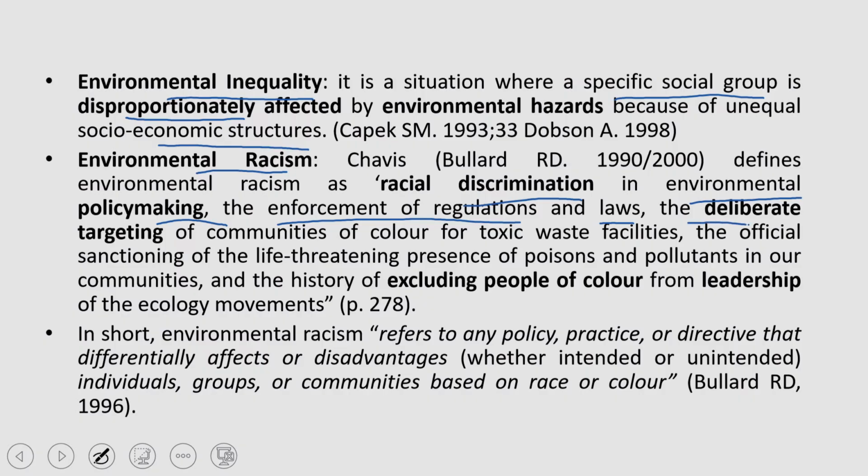Second, the deliberate targeting of communities of color for toxic waste facilities, the official sanctioning of the life-threatening presence of poisons and pollutants in our communities. If deliberately a decision has been taken by the government that toxic waste facilities will be placed in those places where communities of color are residing, as we have seen in the case of North Carolina, that is also a case of environmental racism.